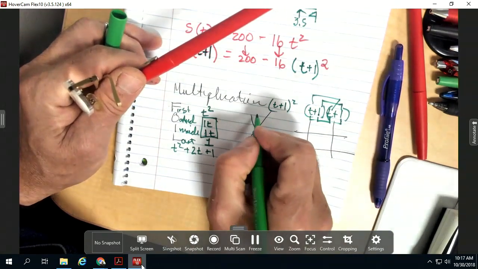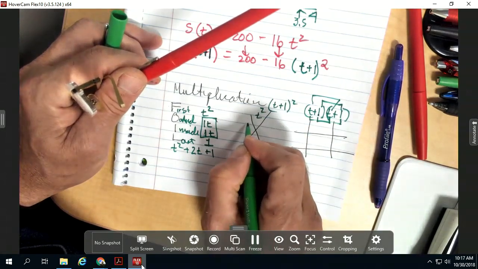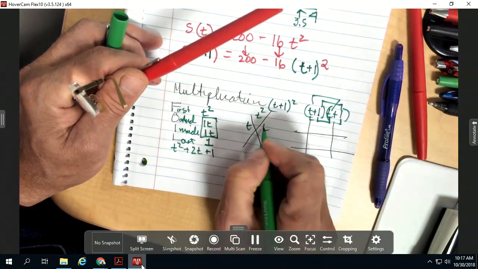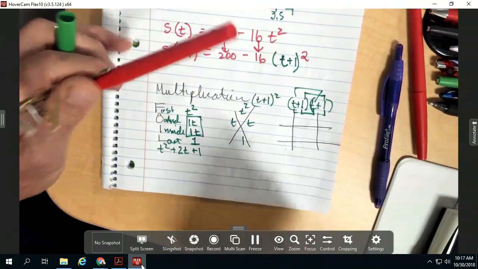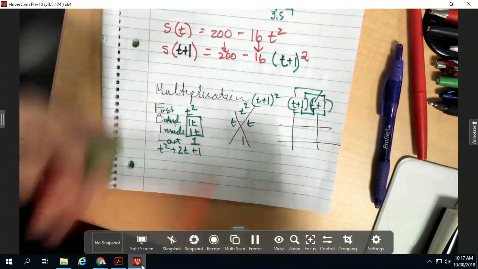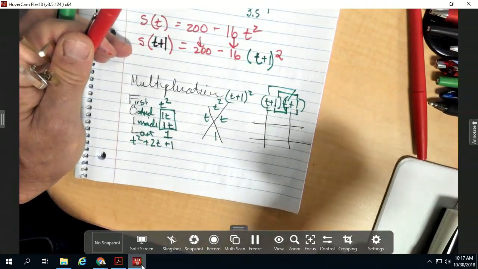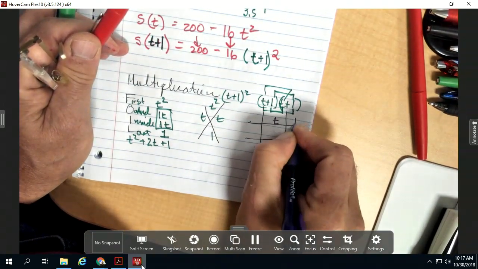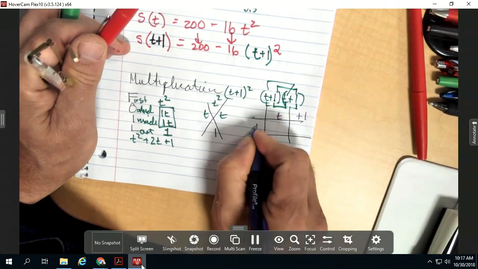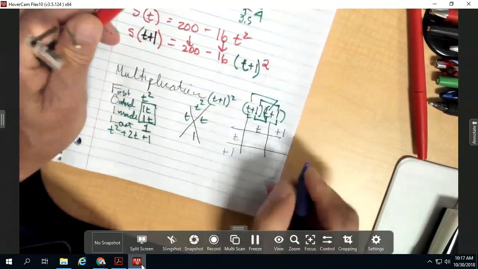I know what goes in each part. This is t squared, this is t, and this is 1, but I don't know how you get to that point. Here's the one that our book uses. We're going to multiply t plus 1 by t plus 1.